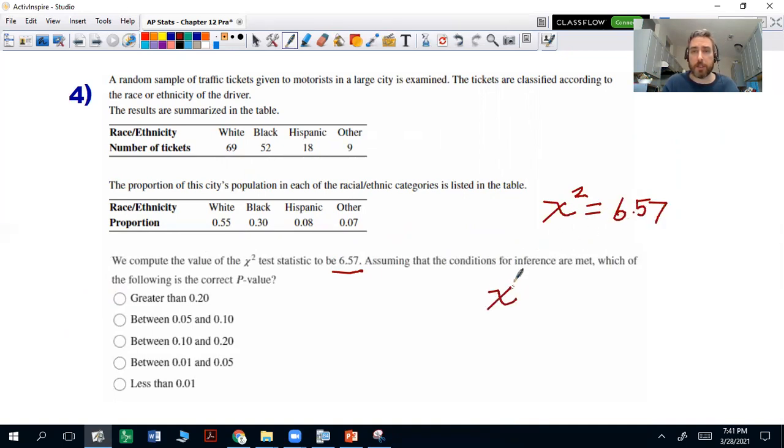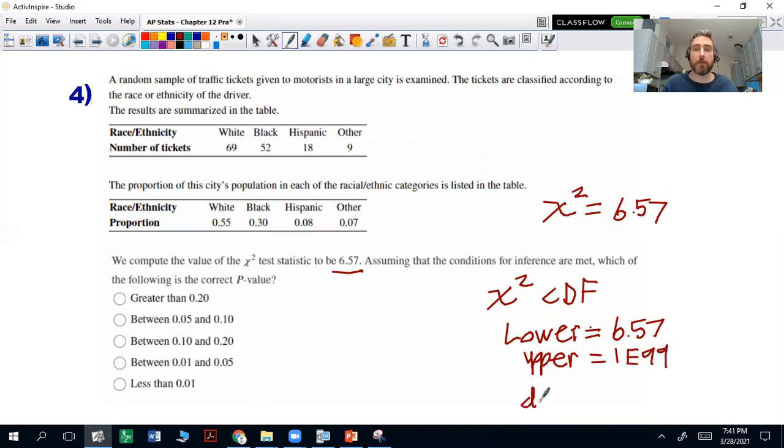In chi-squared CDF, the lower is going to be the chi-squared, so the lower will be 6.57. Your upper will be infinity, so that's your 1e99.